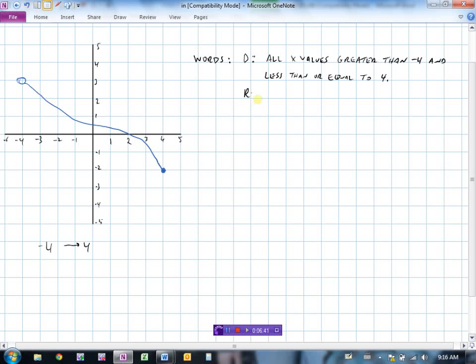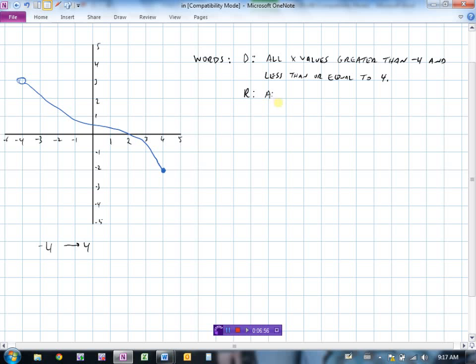Our range is how far up and down our graph goes. So I'm going to start here at the bottom. It looks like I go down to -2, and then I include -2, and I go as far up as 3, but not including 3 because we have the open circle.